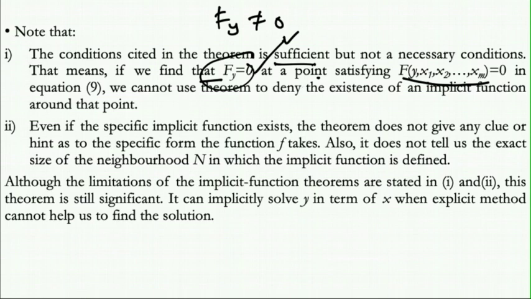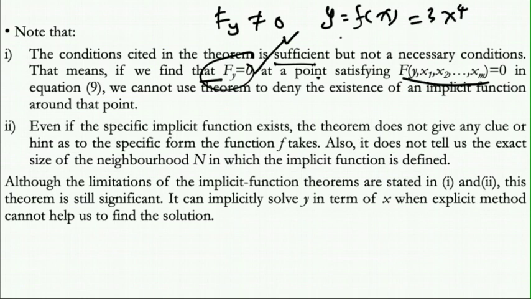Sometimes it also exists. Now, number 2, even if the specific implicit function exists, another problem is that the theorem does not give any clue or hint as to the specific form the function f takes. So it means when you have y as a function of x, isn't it? So let's say 3x to the power of 4.